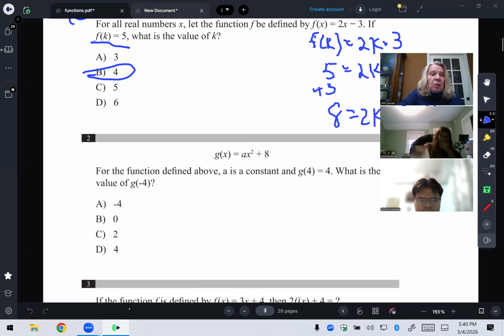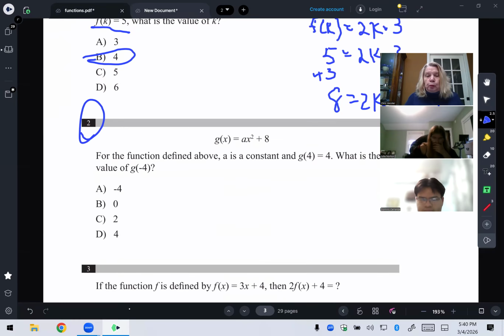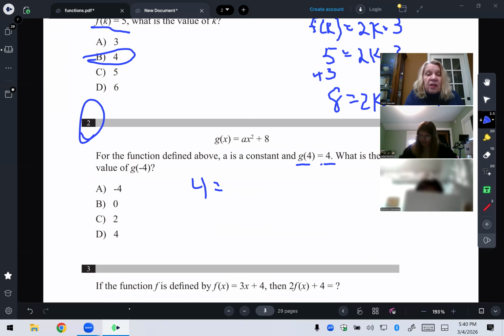Okay, so we're back at the packet. So let's look at this one. For the function defined above, a is a constant. And so if we put in 4, we should get out 4. So our job is to get the a. It's like a mystery. So we'll have ax squared plus 8.